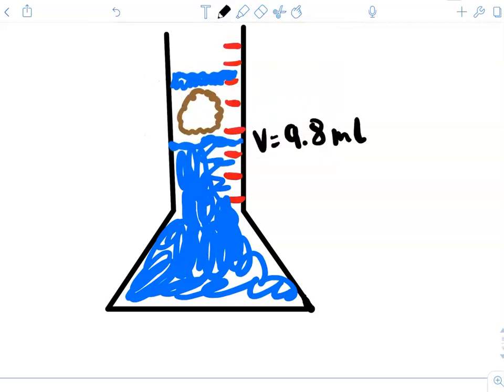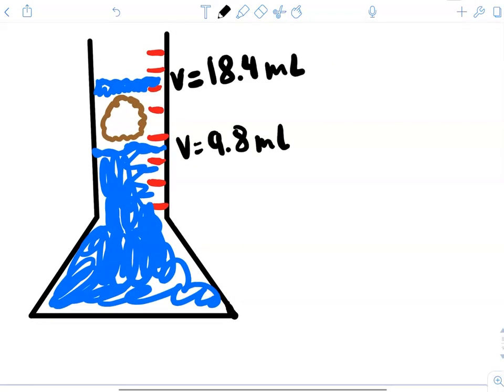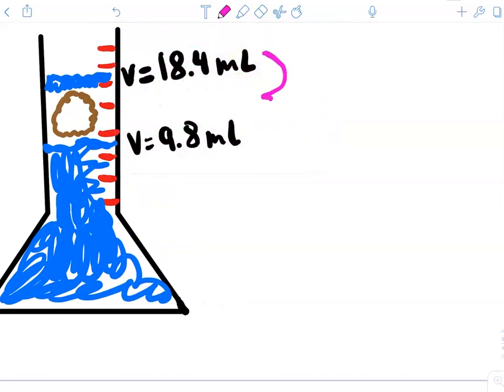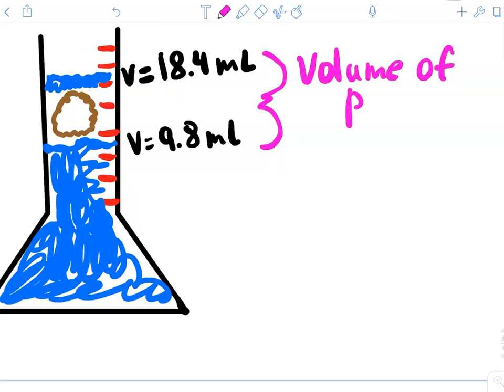So my new volume, let's say it was 18.4 milliliters. Well, I'm going to try and figure out the volume of the rock.